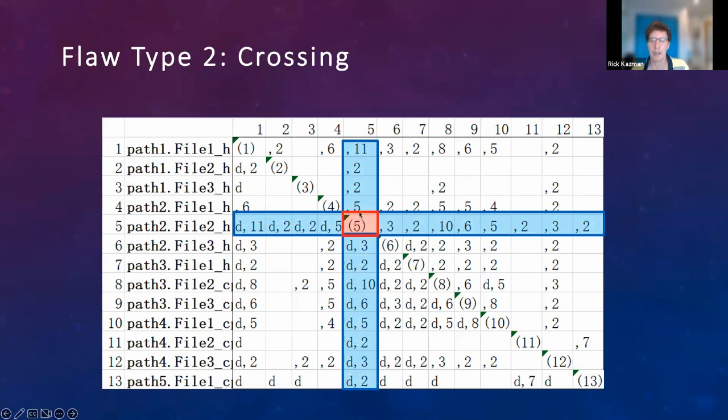So the column shows the files that it depends on, and the row shows the files that depend on it. And when we see a file that has lots of inbound dependencies and outbound dependencies, it shows up as a cross on a DSM. So that's why we call this flaw type crossing.